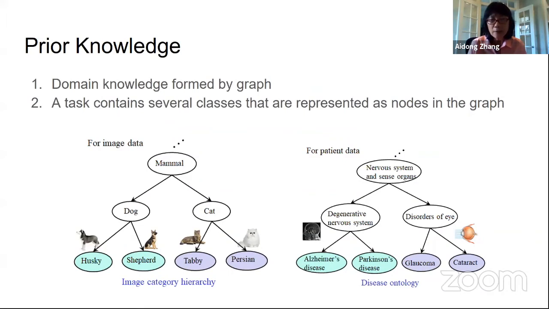You can combine this knowledge from the graph point of view. So for example, for images, you can organize them into different hierarchy categories. And for patient data, you can organize them into different diseases. And so that is very useful for utilizing the domain knowledge.